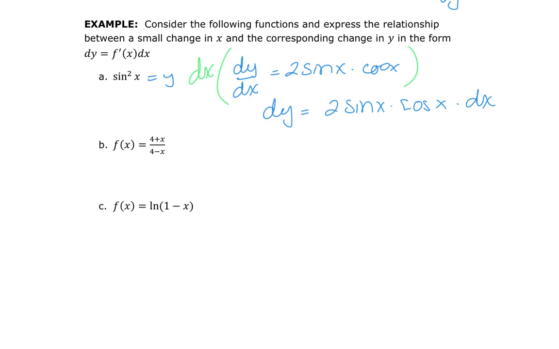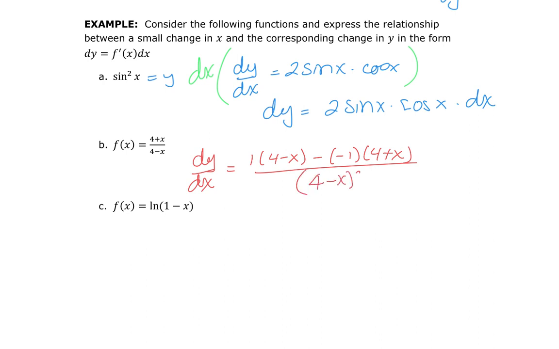On B, same kind of thing. So I'm going to do f prime, and I say that as y, so dy dx is equal to, I'm going to use the quotient rule. The derivative of the numerator is 1 multiplied by 4 minus x, minus the derivative of the denominator, which is negative 1, multiplied by the numerator, which is 4 plus x, divided by the denominator, which is 4 minus x, the quantity squared.